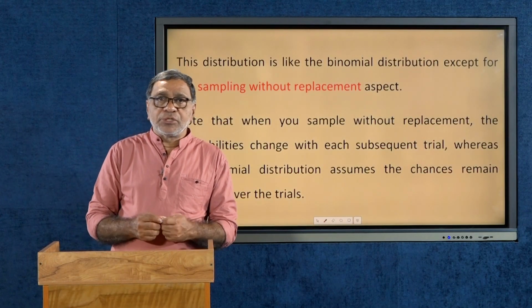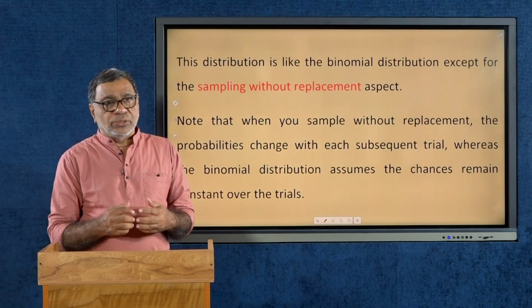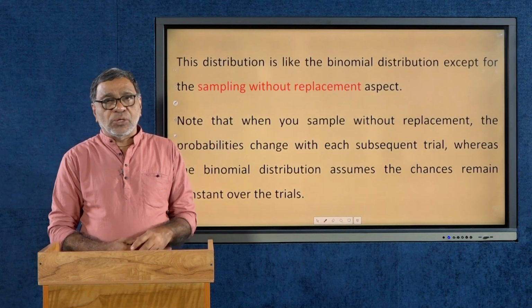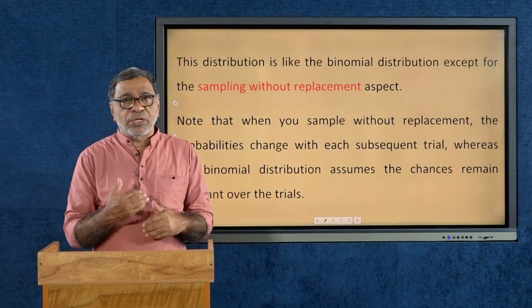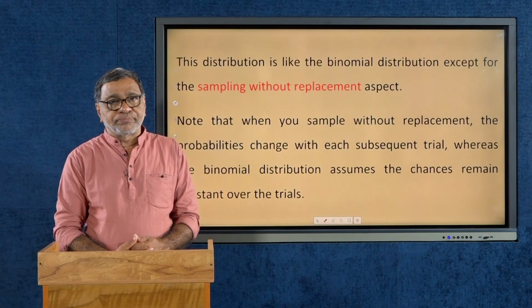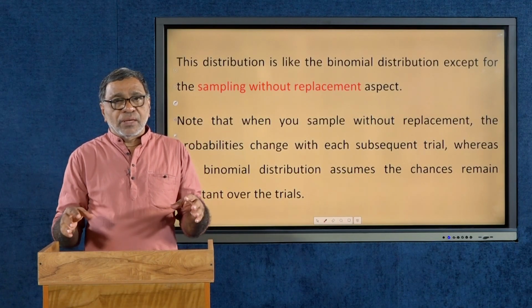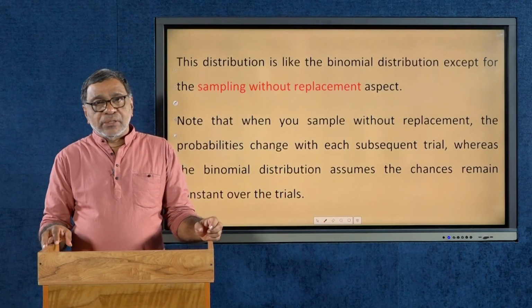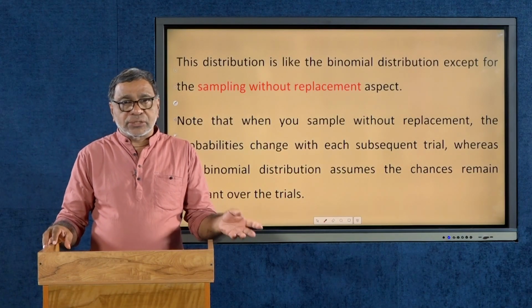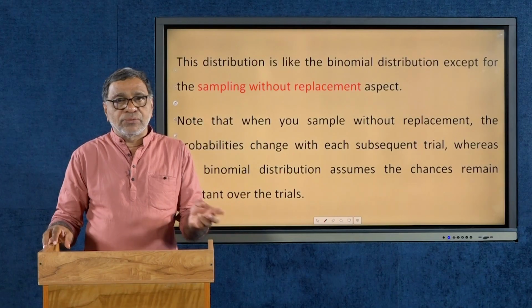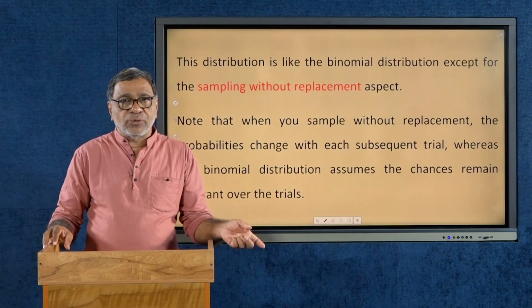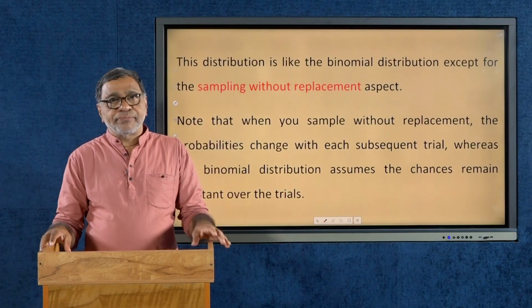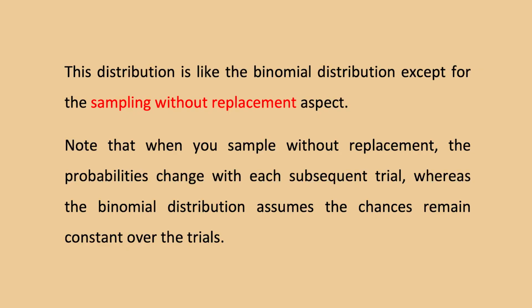The hypergeometric distribution is actually similar to the binomial, because when we discuss the binomial distribution, we have Bernoulli trials, and Bernoulli trials mean either success or failure, defective or non-defective, literate or illiterate, dichotomous. So this distribution is like the binomial distribution except for the sampling without replacement aspect.